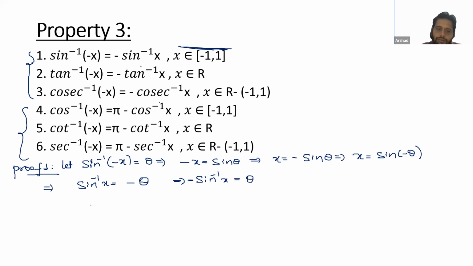This is equal to theta. So next, in place of theta, put this value. Okay, so you have minus sine inverse x is equal to sine inverse minus x. So this is a proof of the first part. Okay, please note down this, raise your hands once it is done, then we will start the next proof.